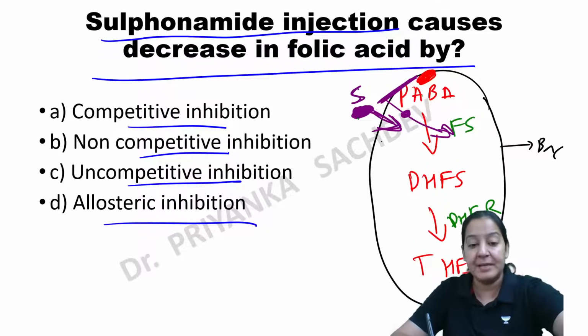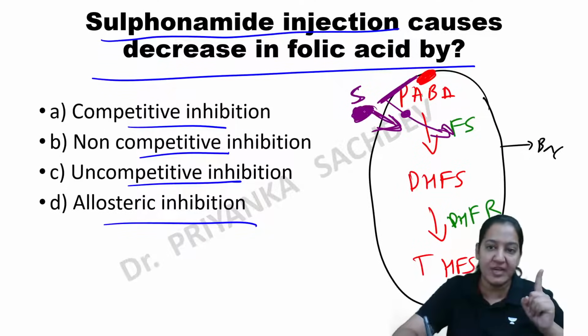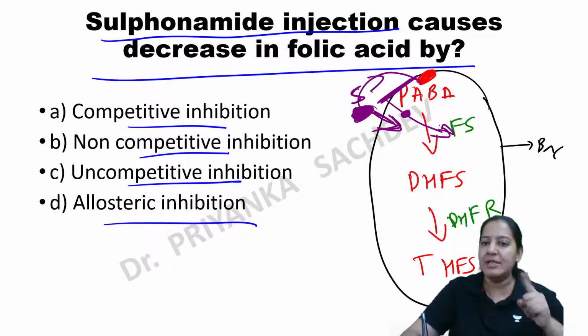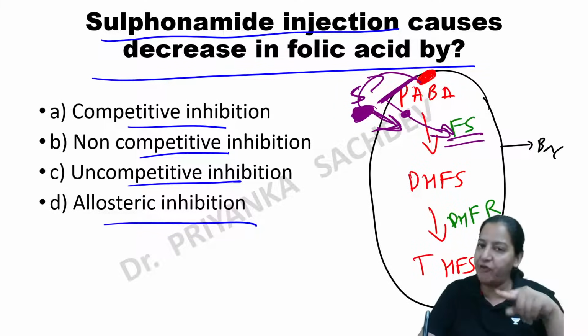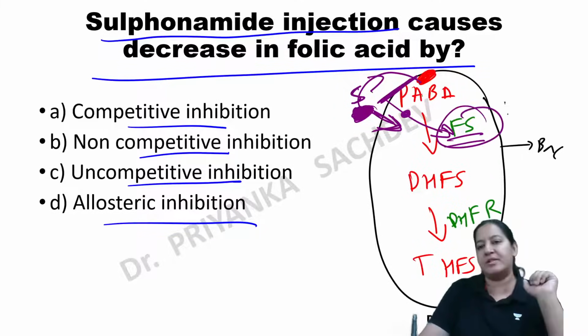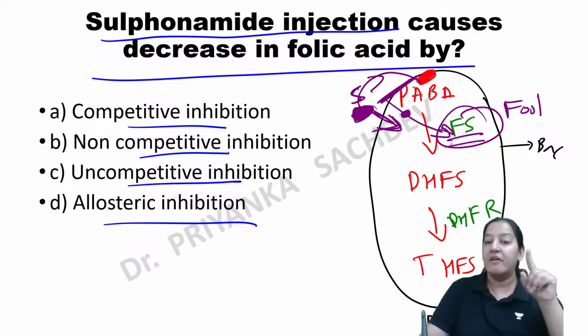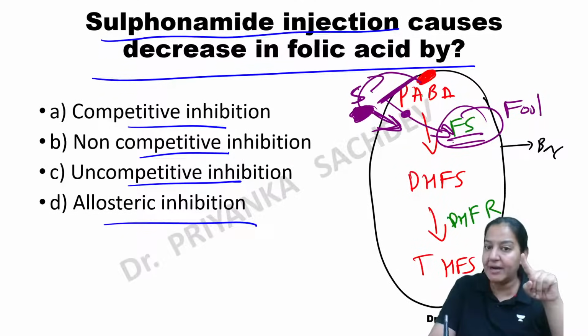Actually, this sulfonamide is structurally similar to PABA. It is exactly similar. We want to fool this folate synthase. So we have made sulfonamide a drug which is exactly the same as PABA, so the folate synthase will think that this is PABA. So there is a competition between the two.